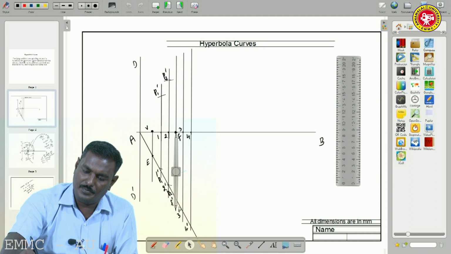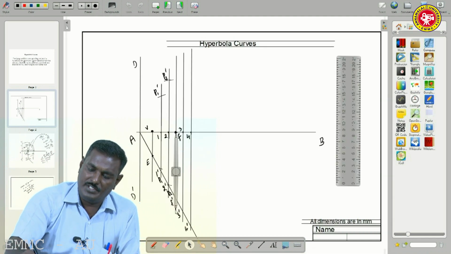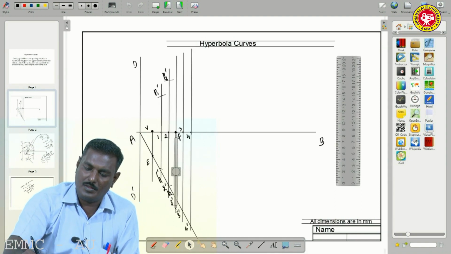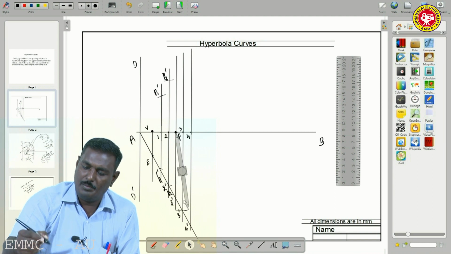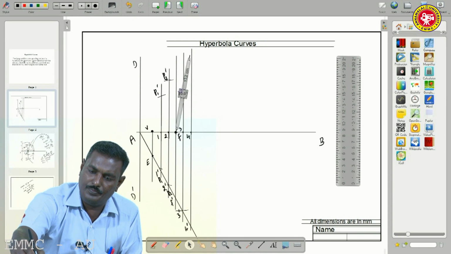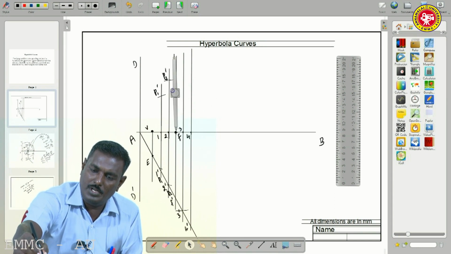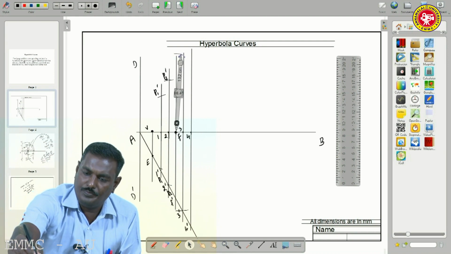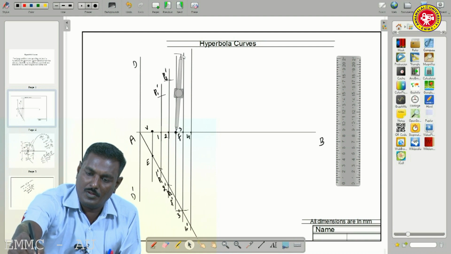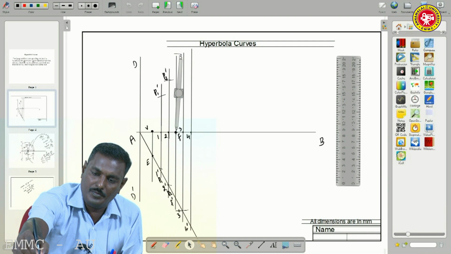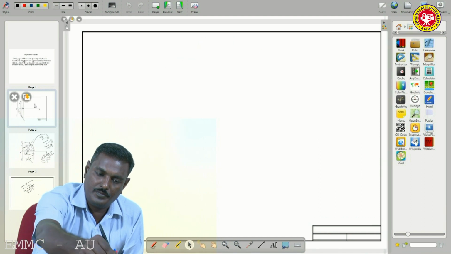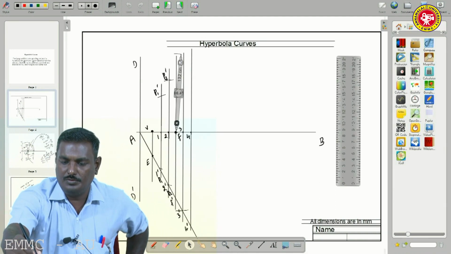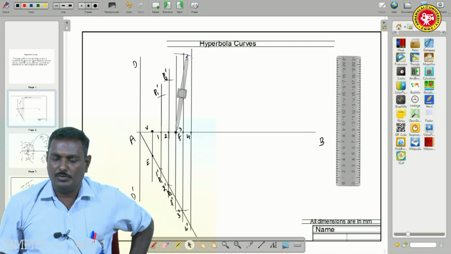Make an arc, above and below, to intersect.